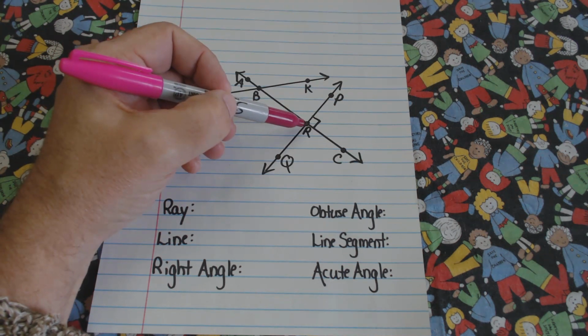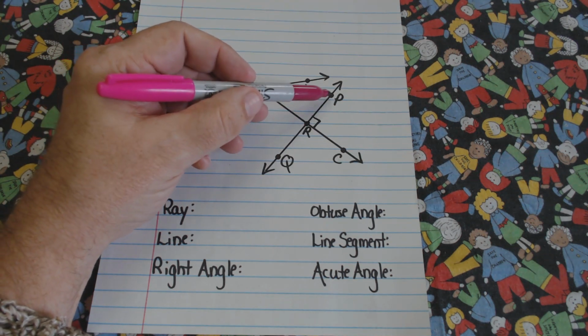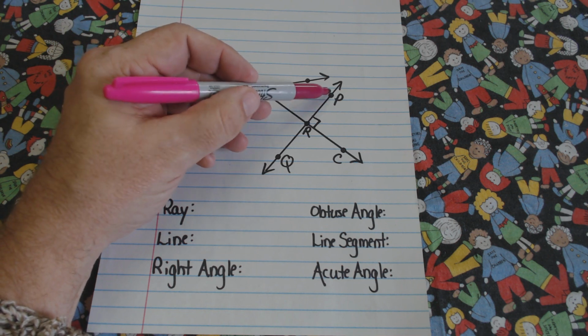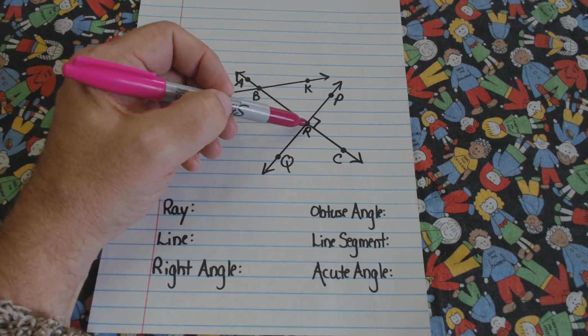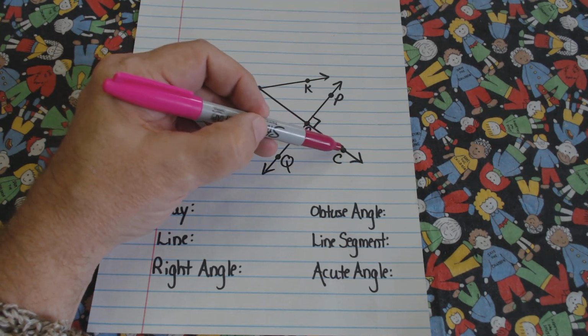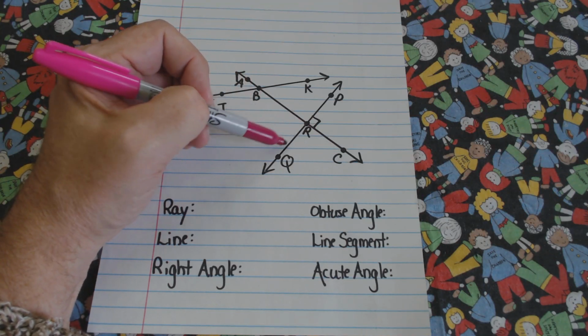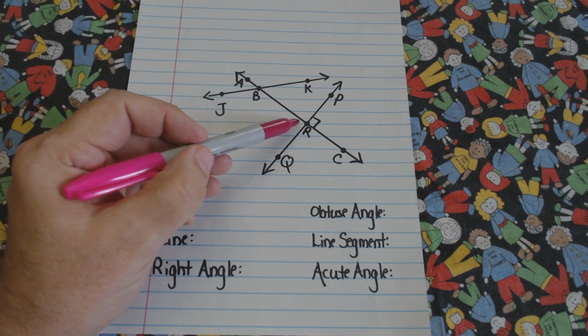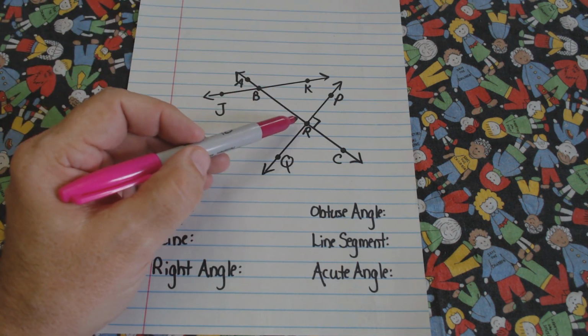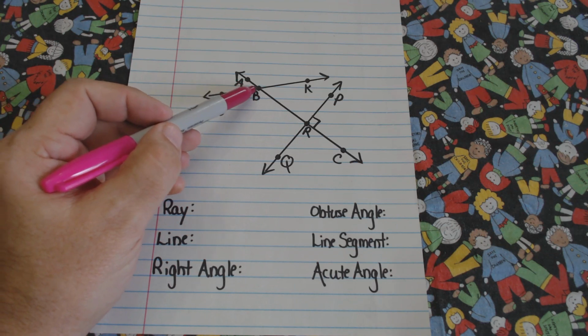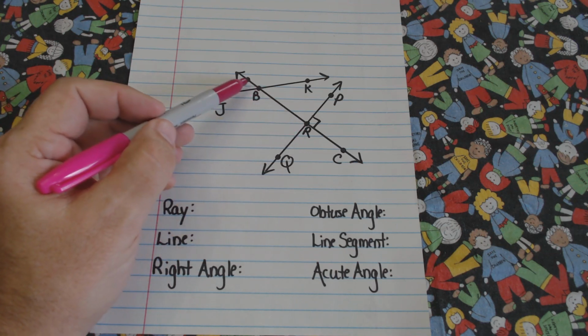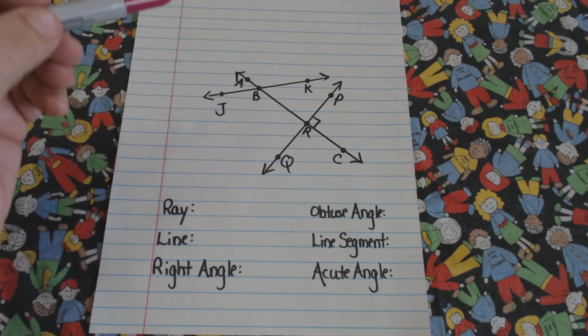We started here at point R. If that's the end point and we traveled this way, we could have ray RP. If we traveled this way, we would have ray RC. If we traveled this way, we would have ray RQ. If we traveled this way, we could have ray RB or ray RA that continues forever.